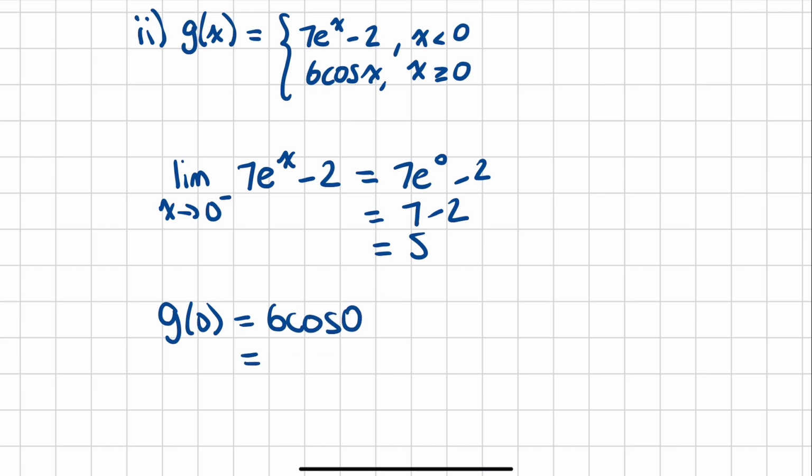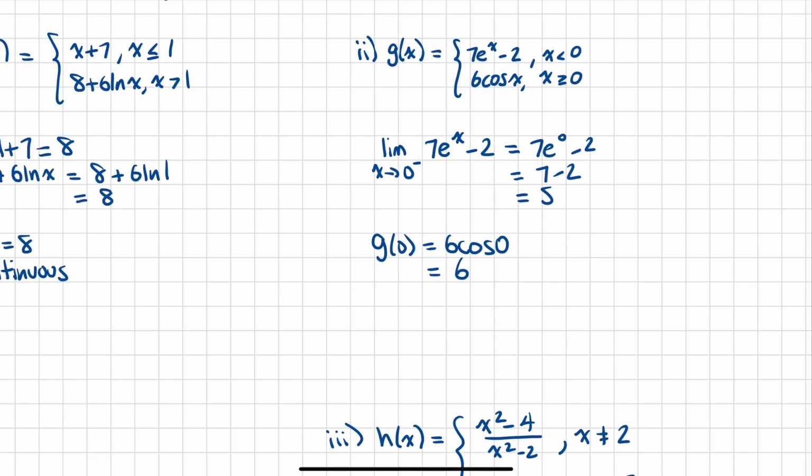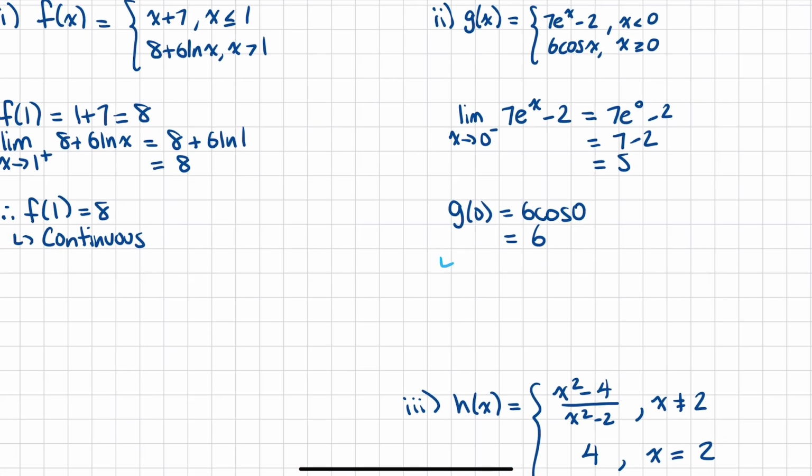And then cos 0 is just equal to 1, and so this gives us 6. And then we can say that this is not continuous because we see that the limit as x approaches 0 from the left is not equal to g at 0. This means you have a jump discontinuity if you were to graph this on Desmos.